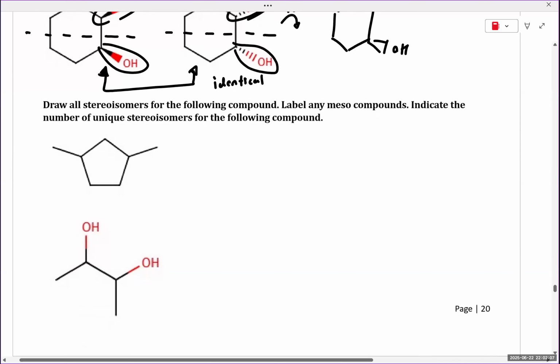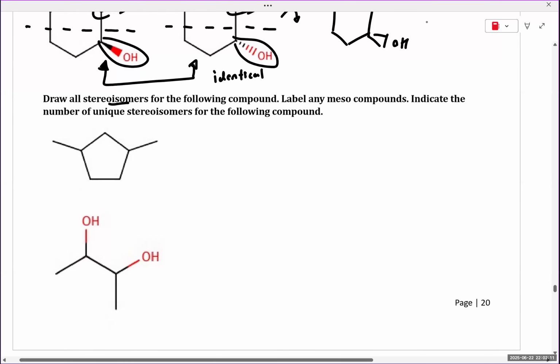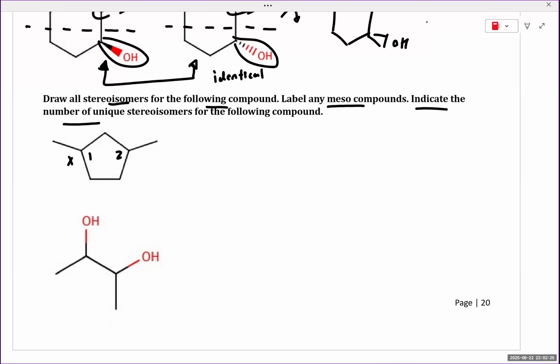So to this end, let's try to apply what we've learned, and let's draw all stereoisomers for the following compound, and let's label any meso compounds and indicate the number of unique stereoisomers. First and foremost, in looking at this first example, we have 2 chiral centers, so we'd expect 2 to the second, or 4 unique stereoisomers.